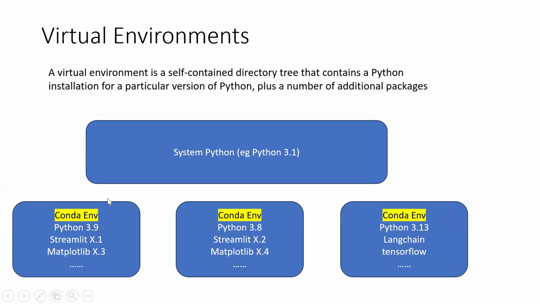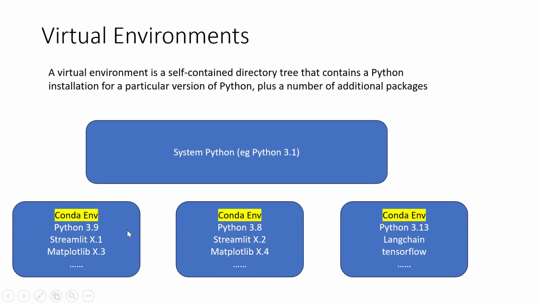Since all the projects require different versions, I will be creating virtual environments, one for each of my projects. How will it help? It will help me bundle all the dependencies into one particular directory or environment, and I will not be mixing these environments with each other.